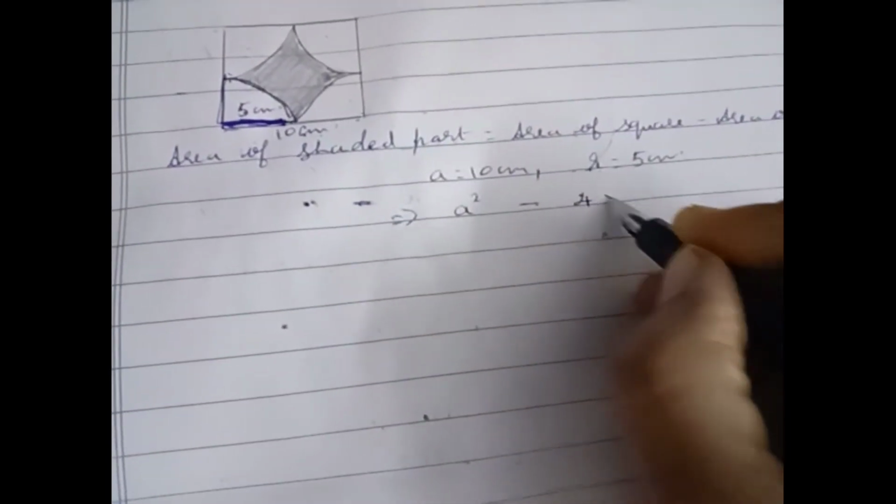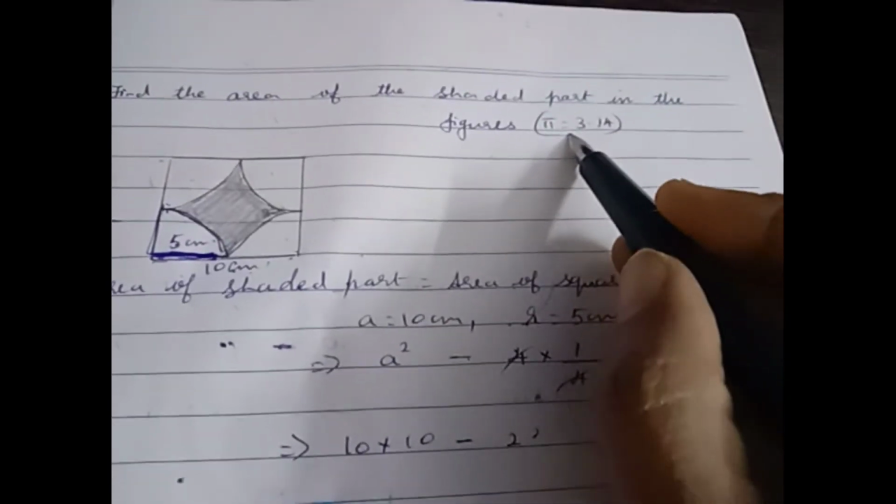Area of square is A square minus area of 4 quadrant. Therefore 4 into quadrant is 1 by 4 into area formula is pi r square unit. So A value is 10 into 10 minus, if you cancel this 4 and 4, in pi value they given 3.14.